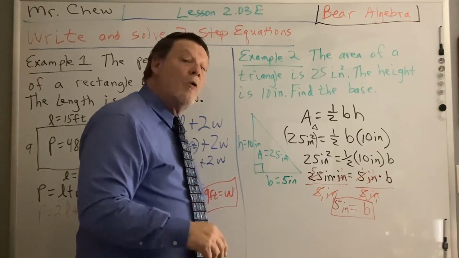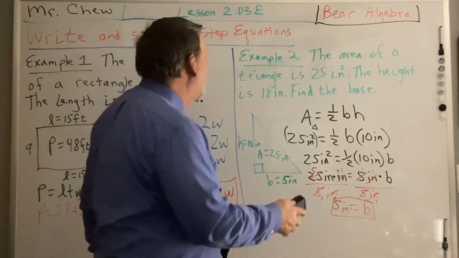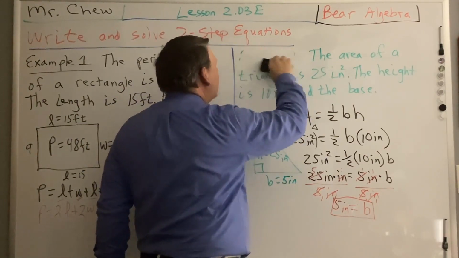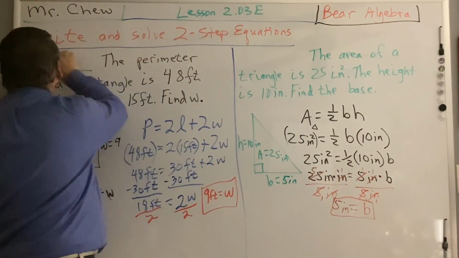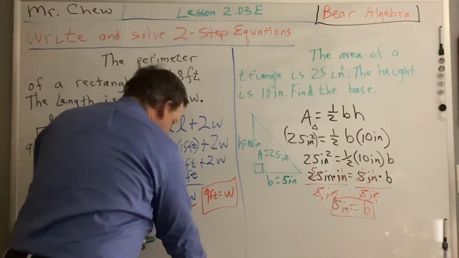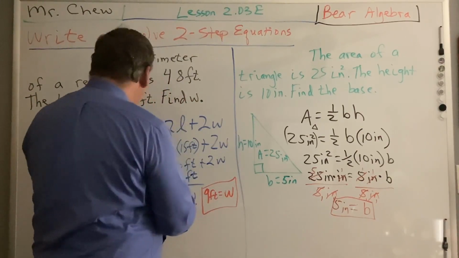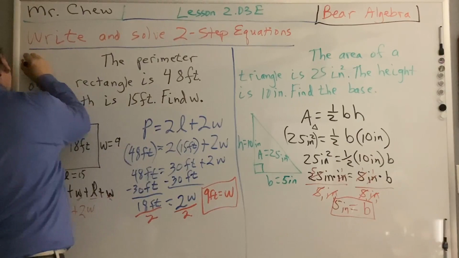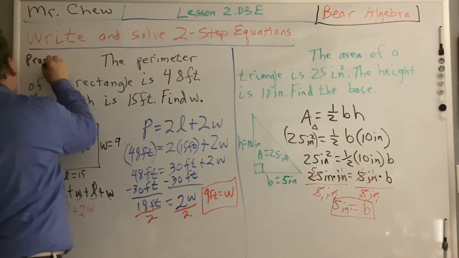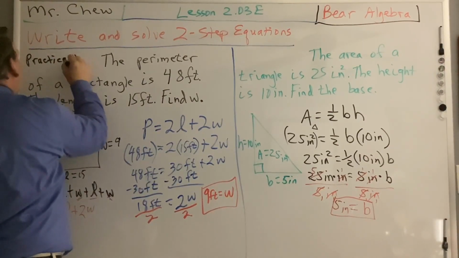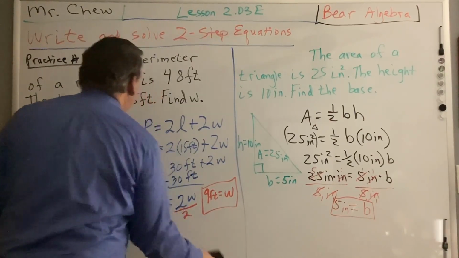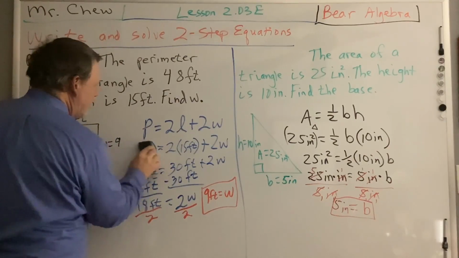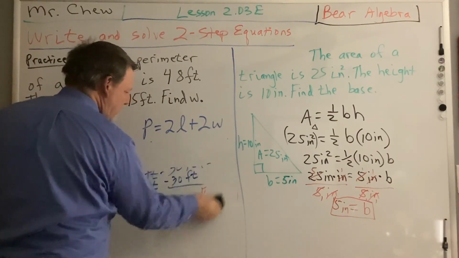Okay, so now what I always do toward the end, I always give you a couple of student practice problems. So I will just modify these here. This would be practice number 1, and I'm going to change the numbers here. We still use the same formula.